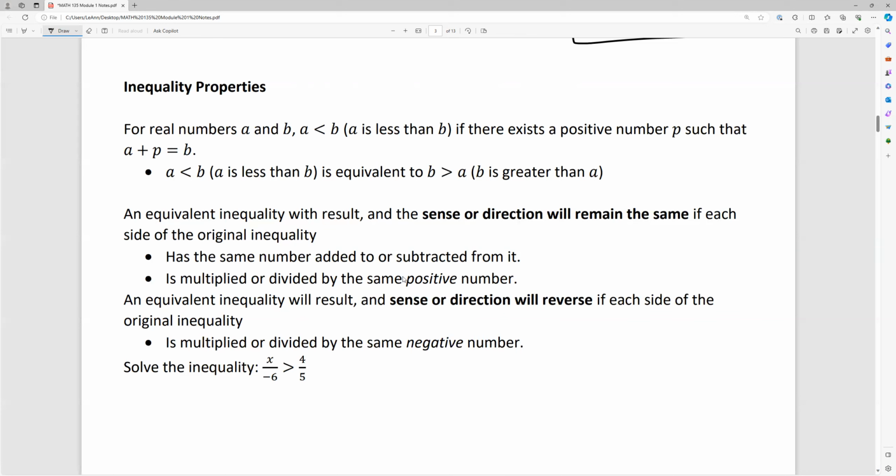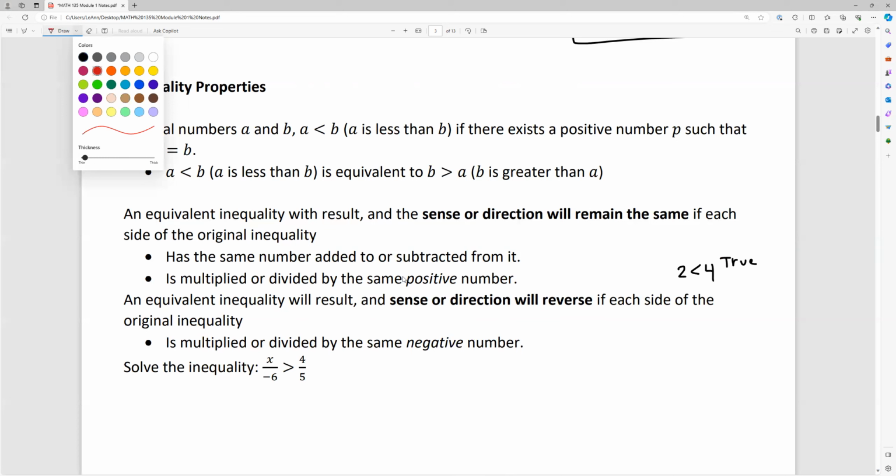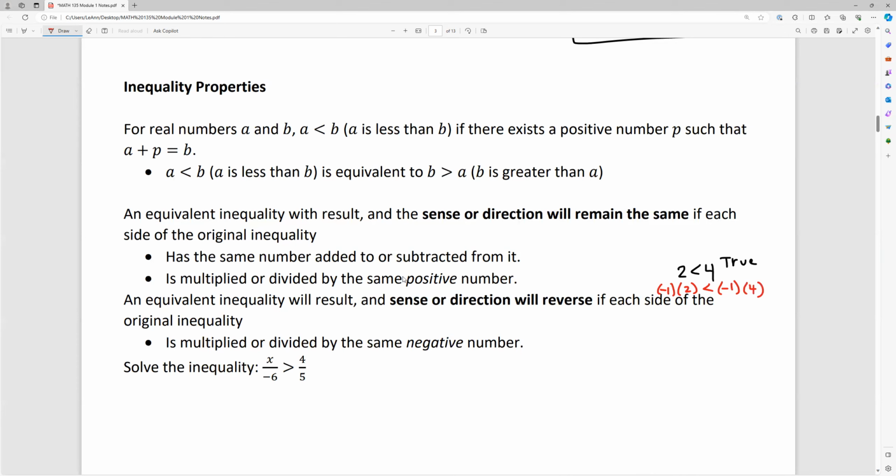If you multiply or divide by a negative number, you're going to have to reverse the direction of your inequality. So let me just see if I can make that make sense to you. If you have a statement that is true, let's say 2 is less than 4. That is true. If I multiply both sides of that inequality by -1, we're just going to multiply both sides by -1. Notice that if I do this, it's not going to be true anymore because we're going to get something that's false if I don't change that direction.